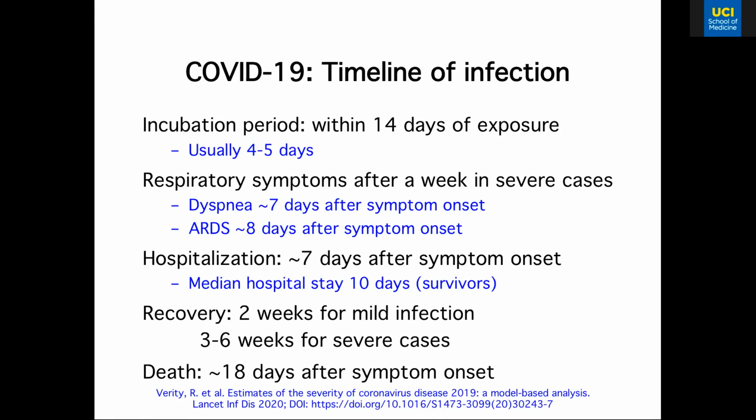And so basically, patients may have fever, they may feel tired, but shortness of breath, if it occurs, tends to occur at the beginning of the second week, so about 7 or 8 days. And these patients rapidly get worse and have ARDS, that acute respiratory distress syndrome, and require assisted ventilation very shortly after that. So within 8 days of symptom onset.